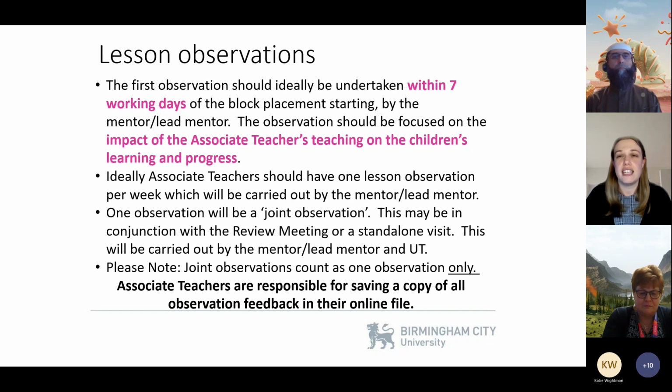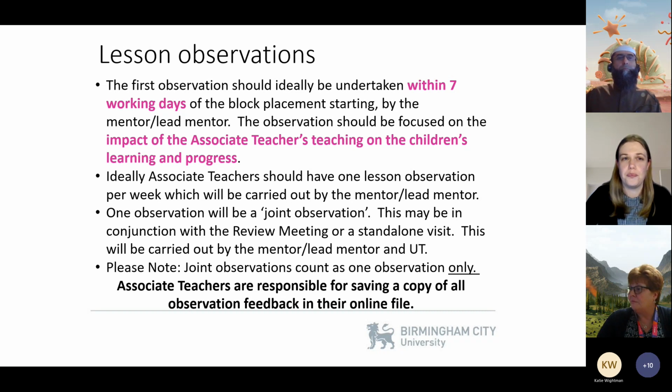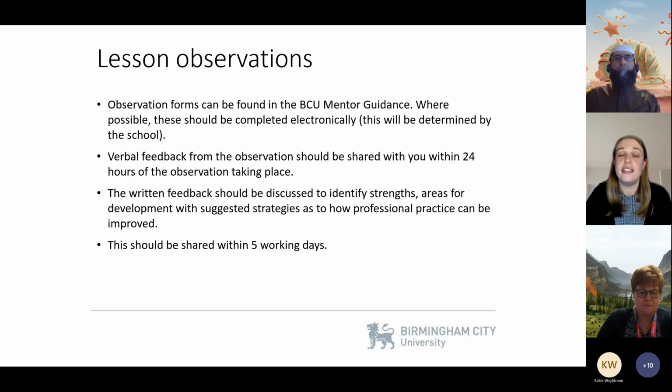The university tutor, as I said, will negotiate with you and find a mutually convenient time. It may be when they're coming in to do a review meeting. It may be a standalone visit. Again, the observation forms can be found in the BCU Mentor Guidance, which is available through the website.